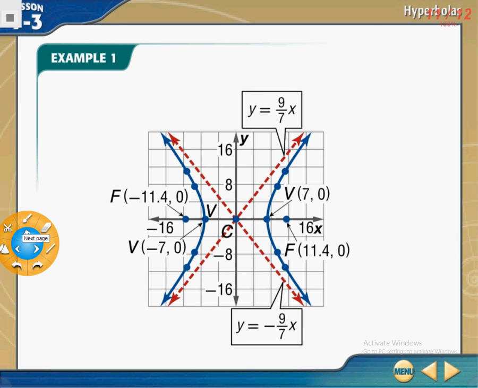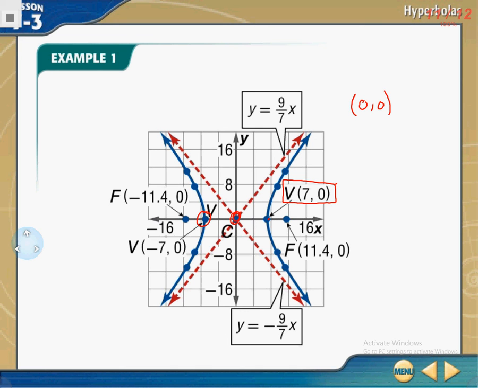Now I want you to look at this graph. We have the center, H and K, it's 0 and 0. This is the center, 0 and 0. The first vertex here is 7 and 0. The second vertex is negative 7 and 0.